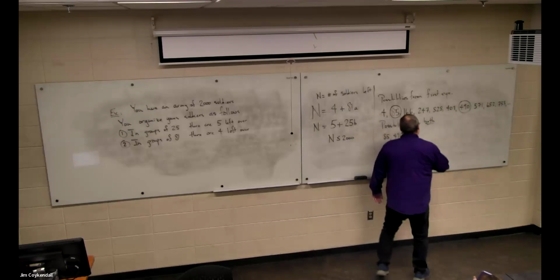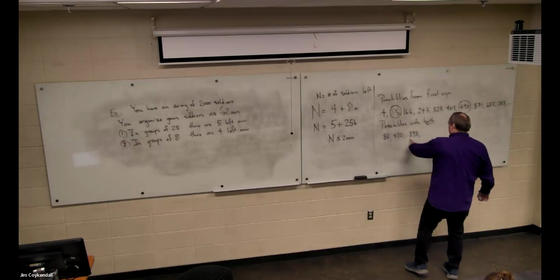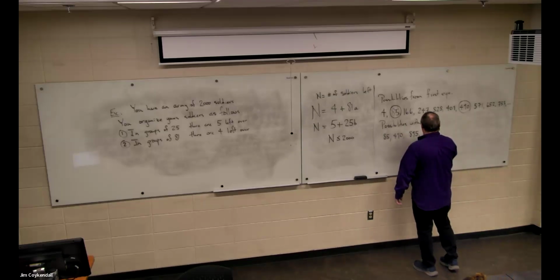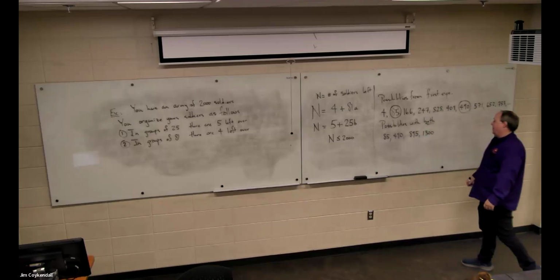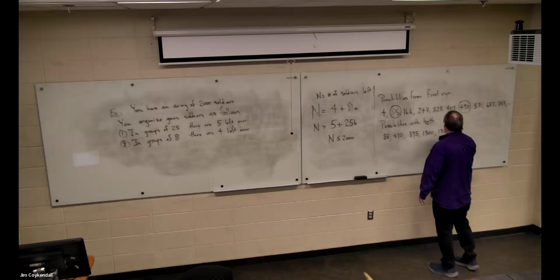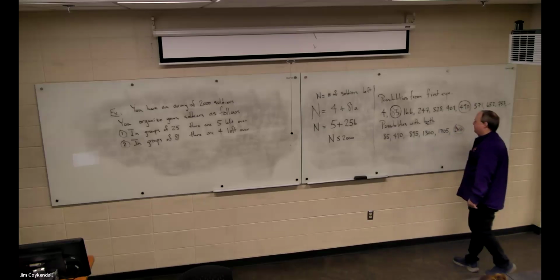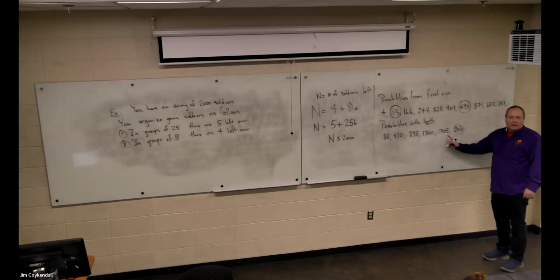The next one should be 895. The next one should be 1300, I guess. The next one should be 1705. And the next one should be 2110. Oops, already too big.